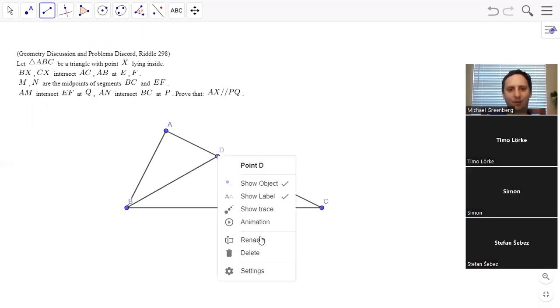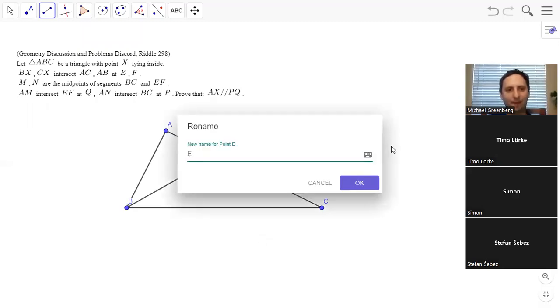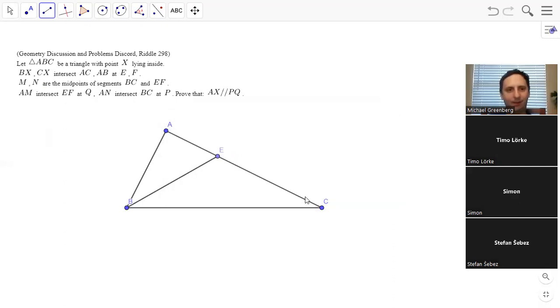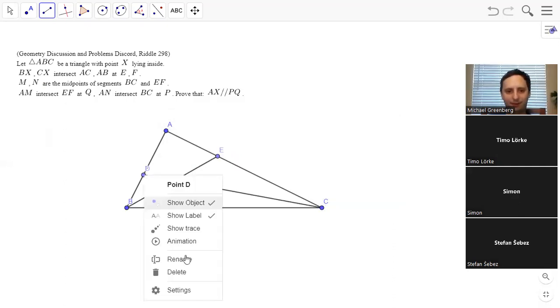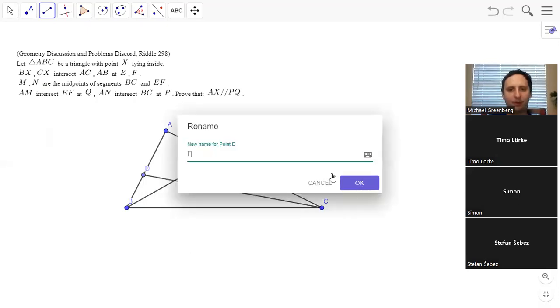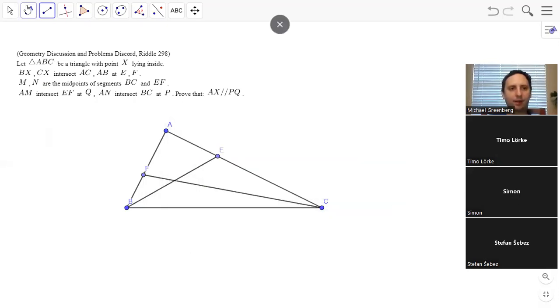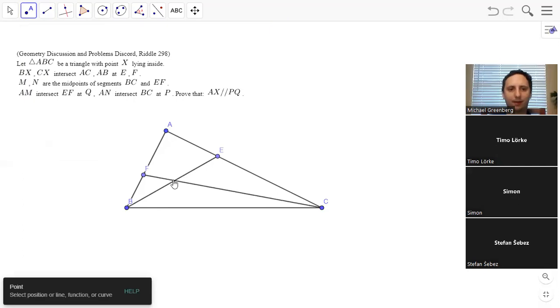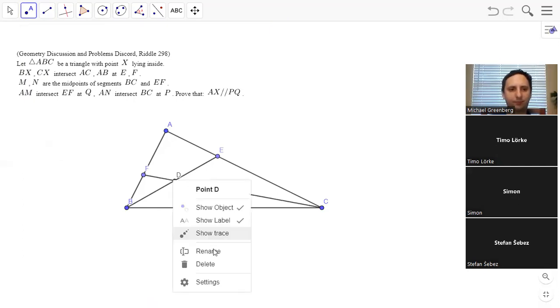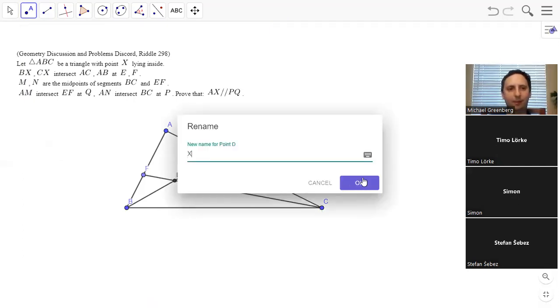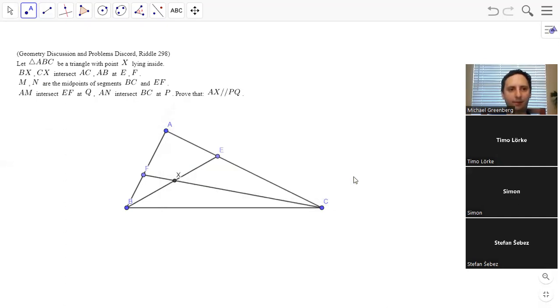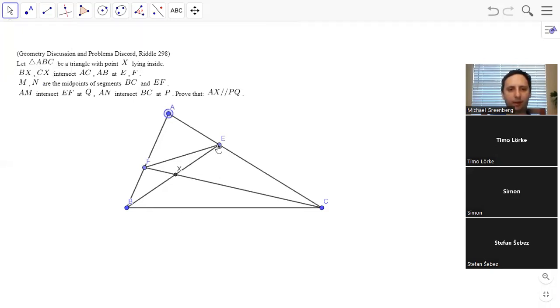So this should be E, and this should be F. So yeah, really you can choose any points E and F, and then they intersect at X. And then we take the midpoint of BC and EF. Yeah, maybe this is related to that problem. I don't know, but it's not the same problem.